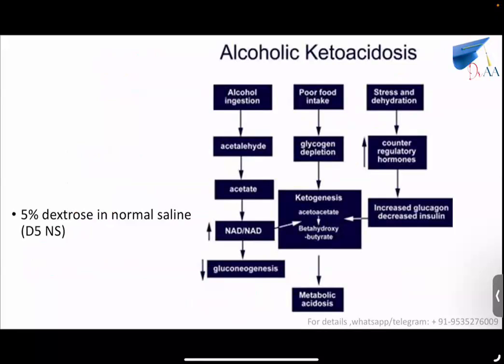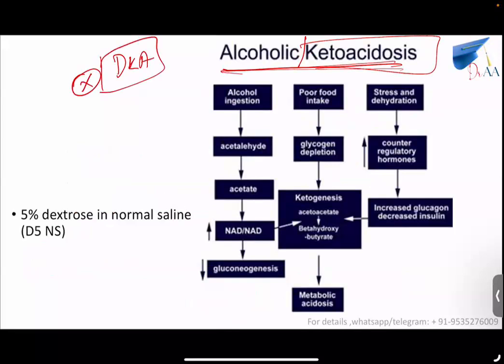Next one is alcoholic ketoacidosis. This is important. Most of them think that ketoacidosis is there, so I'll treat it like DKA, diabetic ketoacidosis. No. You need to understand the pathophysiology to understand the treatment. As the name suggests, it is seen in alcoholics who drink binge or who drink a lot.